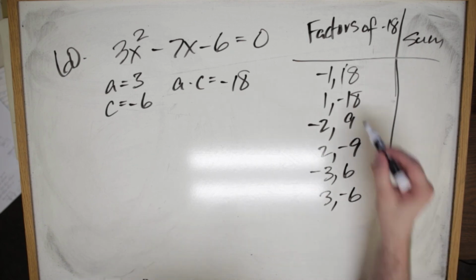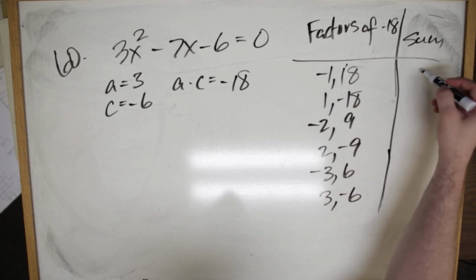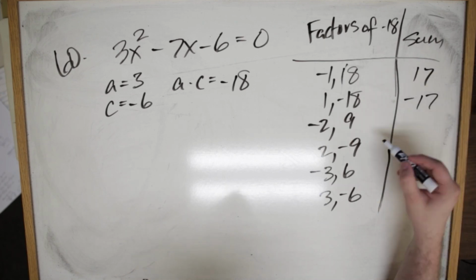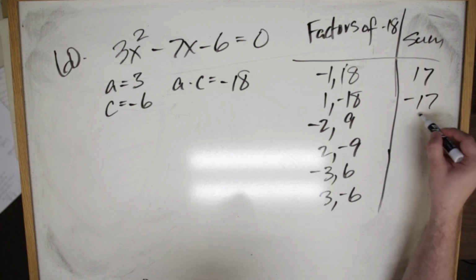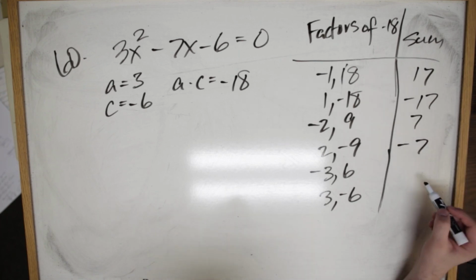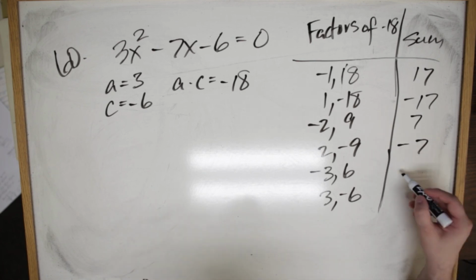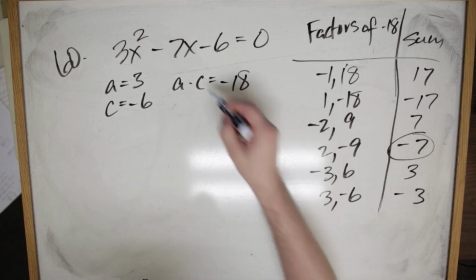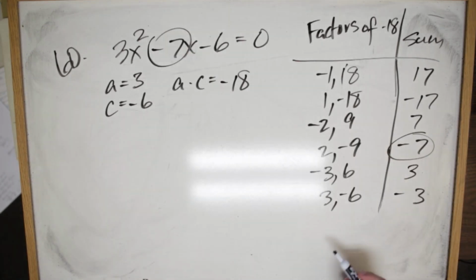So 18 minus 1 is going to be a 17. This is going to be a minus 17. 7 and minus 7, and I can tell you right now we're going to stop right there, but I'll just do this, why not? 3 minus 3. Okay, so this is the guy because it matches right here, which means these are our factors.